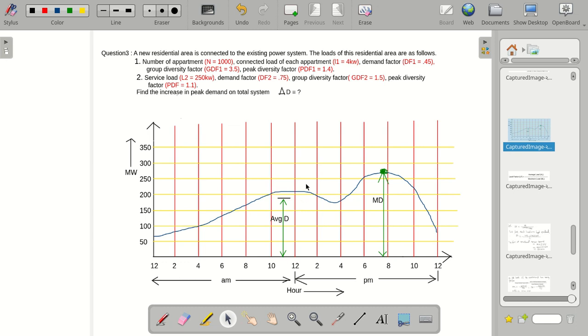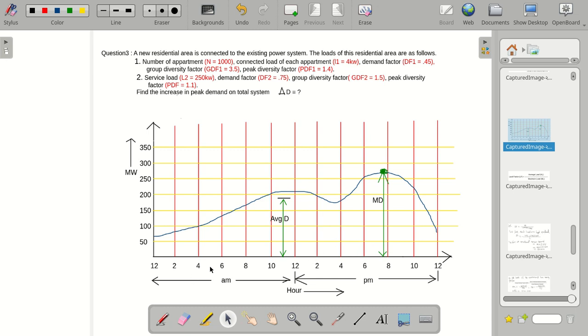This is called the load curve. Let's discuss how this curve is plotted. It is plotted as megawatt versus hour. This is the total 24 hours in a day, and this is the megawatt, which implies power. Actually this curve is plotted according to the daily demand of a power system.